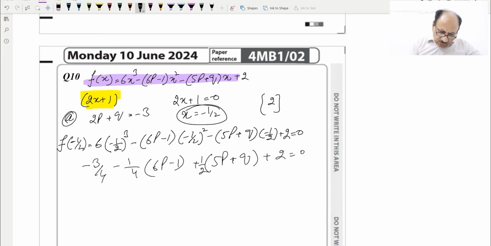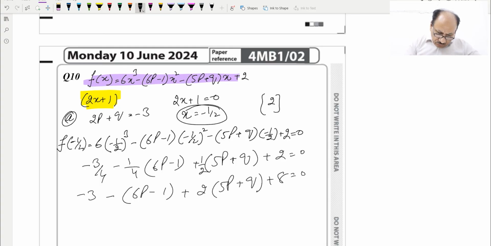So now we can multiply everything by 4. So we'll get minus 3 minus (6p minus 1), and next will be plus 2 into (5p plus q), and plus 8 is equal to 0.